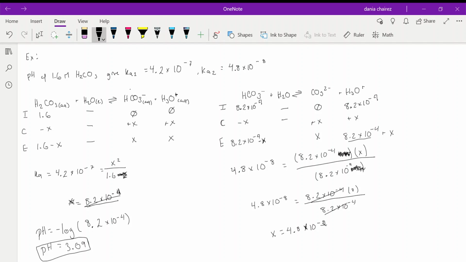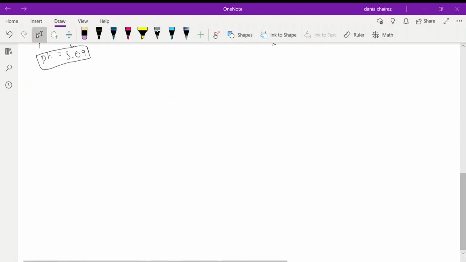Okay, so we're going to do one other example of these, because sometimes the problems aren't so nice where you can disregard the x's, you know? So let's scroll down some more. Alright, I'm going to erase this part.